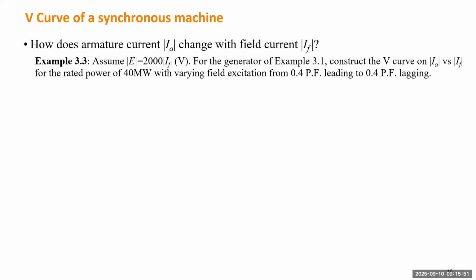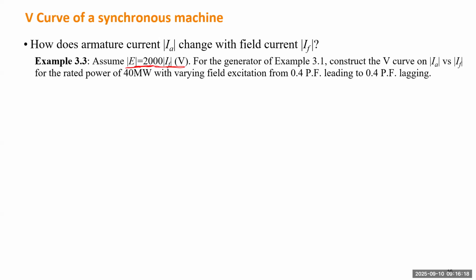We utilize the same generator to try to draw how the armature current changes with field current. Here we assume the excitation voltage E is proportional to the field current. The field current is actually the DC current on the rotor, and that value multiplied by 2000 will give you a good estimate for the excitation voltage.